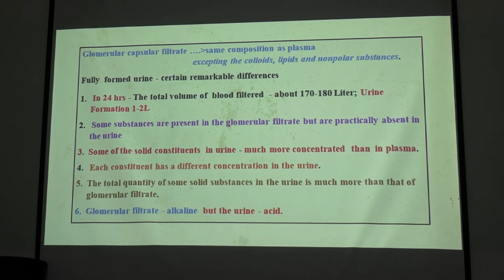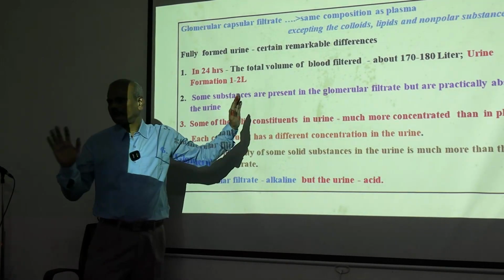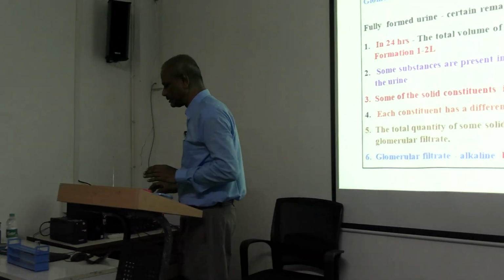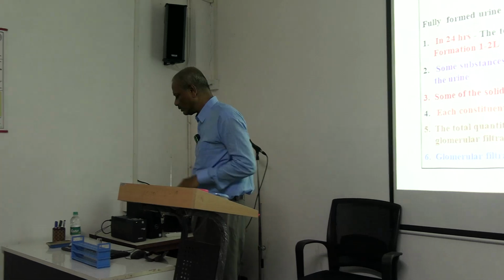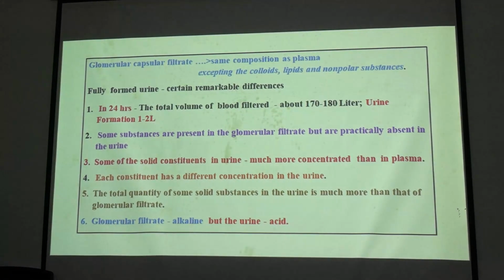There is a 10 liter difference we have measured, because food contains various amounts of water. So urine formation is 1.2 to approximately 1.5 liters, you remember, that's the daily urine volume with normal water intake, normal sweating, normal respiration, everything normal.